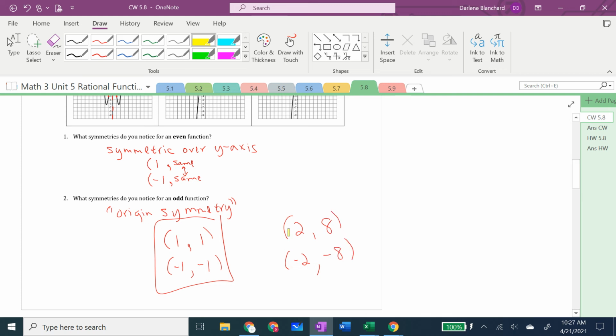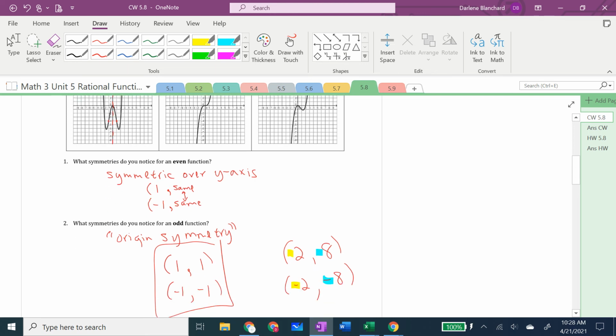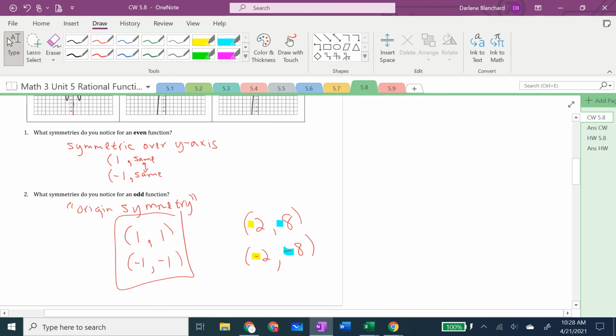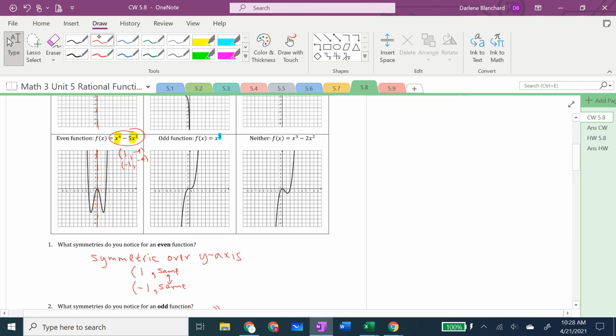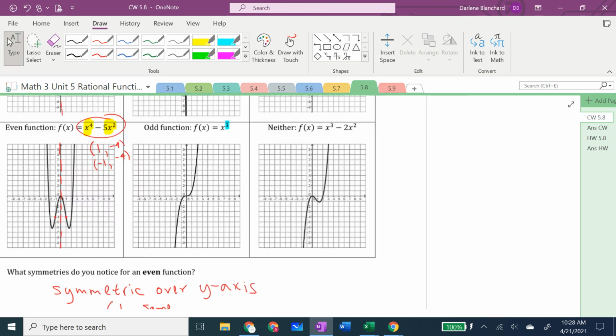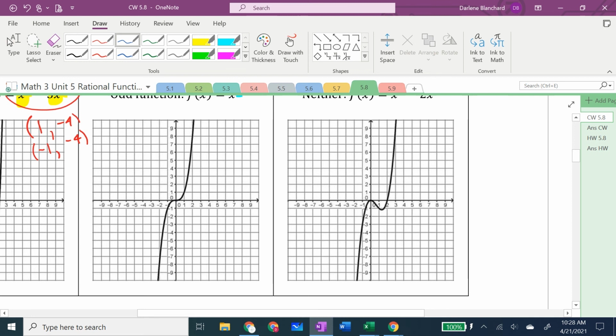So when the x's are opposite signed, the y's are opposite signed. Now that doesn't mean that a positive x gives a negative x. It just means that, because if I looked at the graph of -x cubed instead of x cubed, that would still be an odd function.